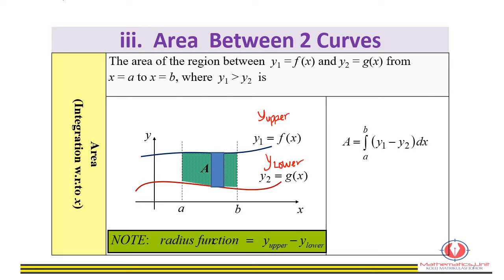To find the area, we still apply the definite integral of the radius function with respect to x. So we will have the definite integral of f(x) minus g(x).